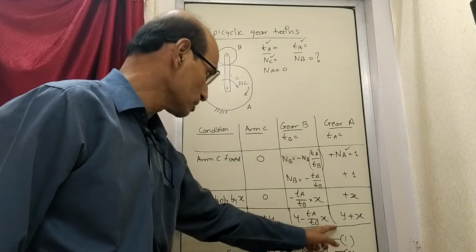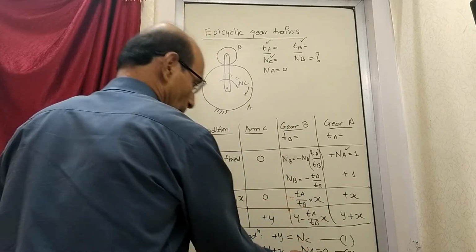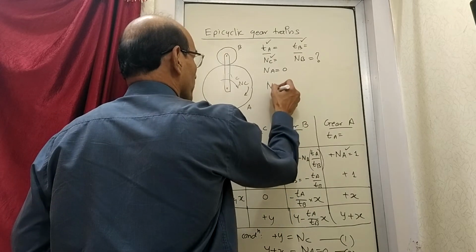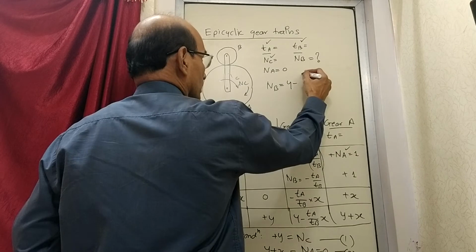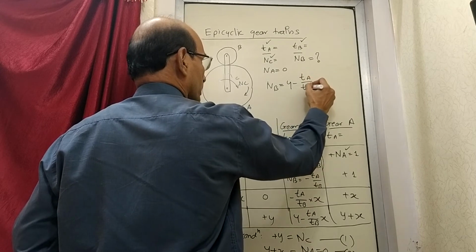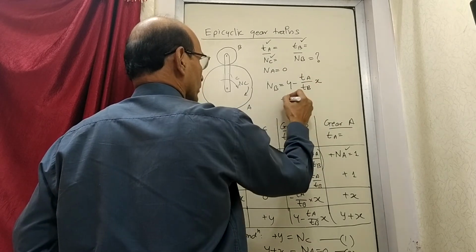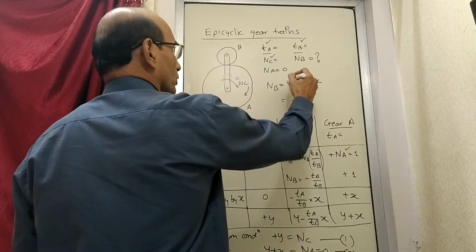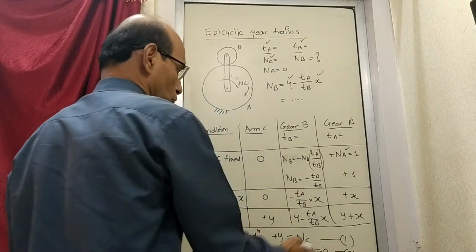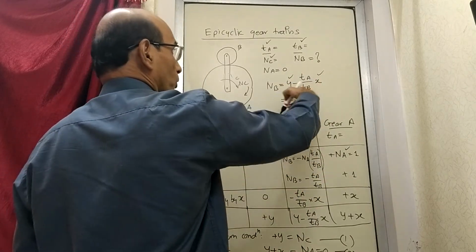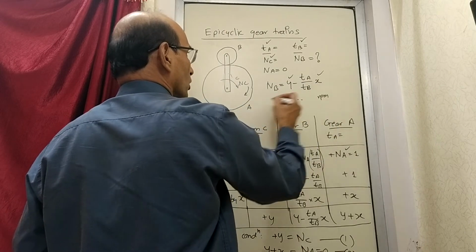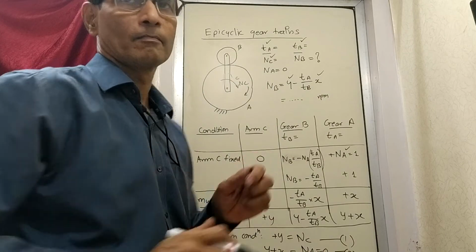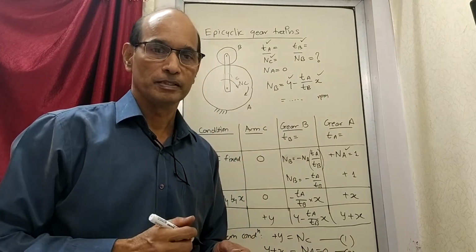So I'll write the same thing. Speed of B is equal to Y minus TA upon TB into X. When you put these values of X and Y, you will get the answer, that is the speed in RPM of gear B.